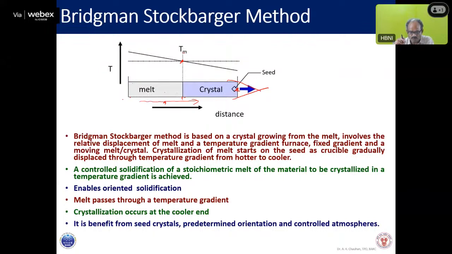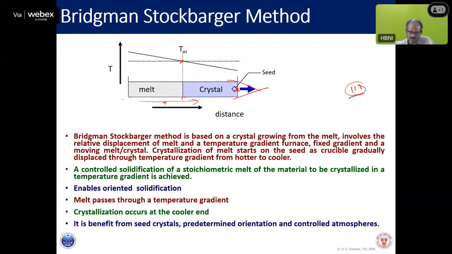So if you want to grow a crystal in the 111 direction, you can place a suitable seed which has a face of the 111 plane. So the melt passes through a temperature gradient, and crystallization occurs at the cooler end. It benefits from seed crystals, predetermined orientation and controlled atmosphere.